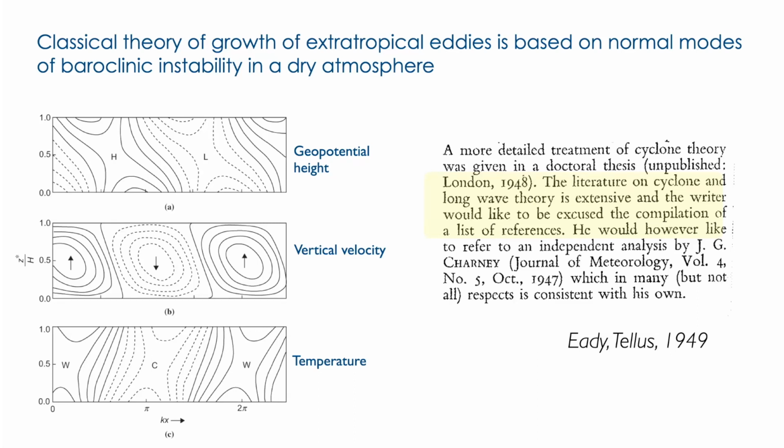At roughly the same time as Eady was publishing his work, Charney also published a similar model, and these really were revolutionary models in our understanding of cyclogenesis.